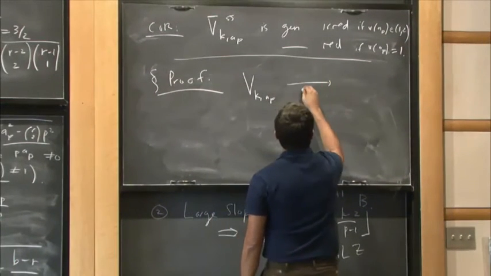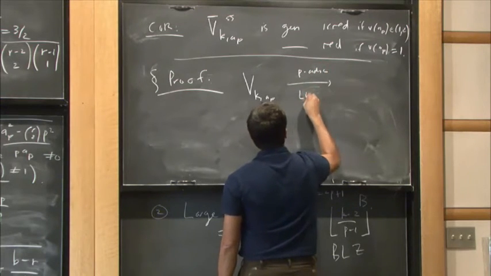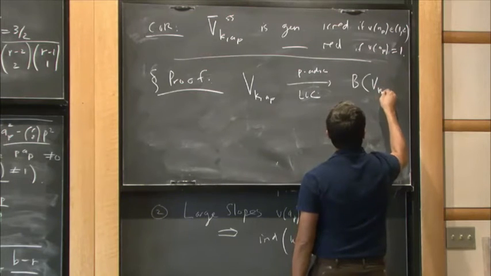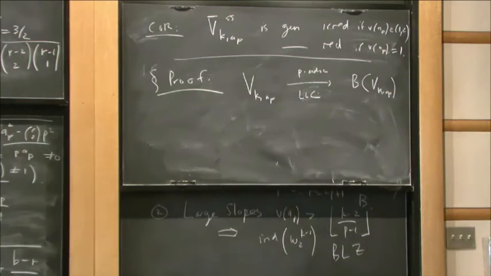So one has this p-adic local Langlands correspondence. Which takes these crystalline representations to these p-adic Banach spaces, unitary Banach spaces. There's a norm on these things, G-invariant norm.